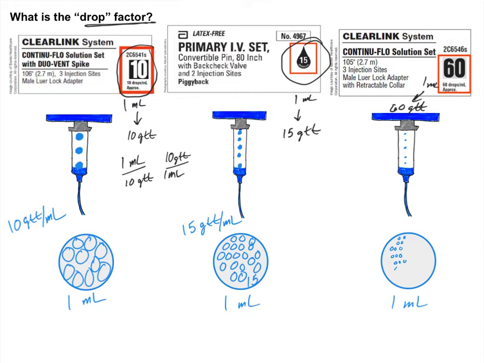I'm not going to sit here and draw 60 of them, but there will be 60 drops for every single milliliter. This is what we mean by drop factor. You need this information in order to calculate the total number of drops in the bag, because this is the piece that's going to break all of the fluid into drops, depending on the size of the chamber and tubing that we have.